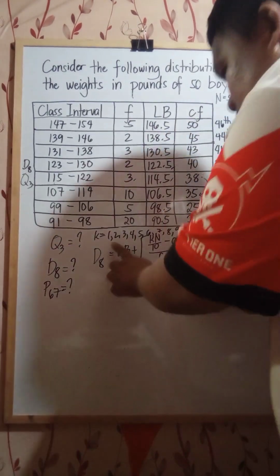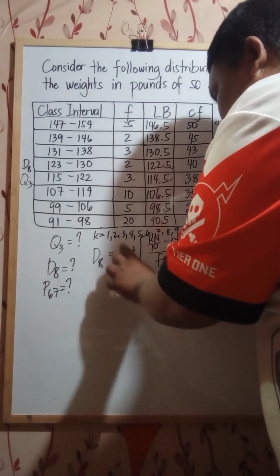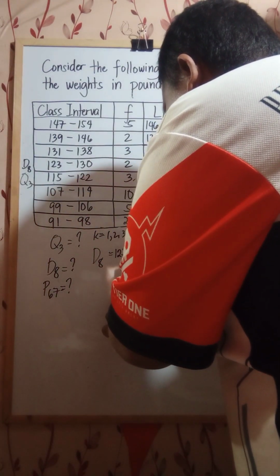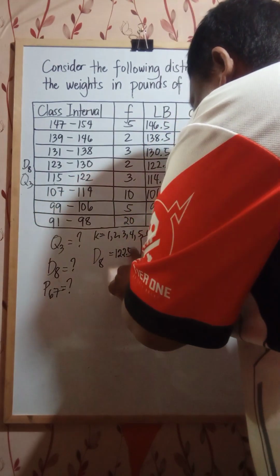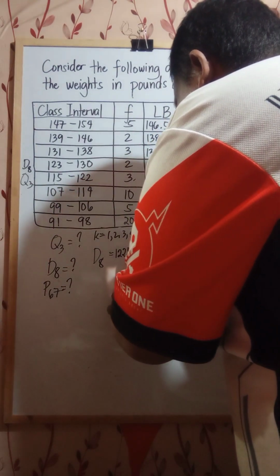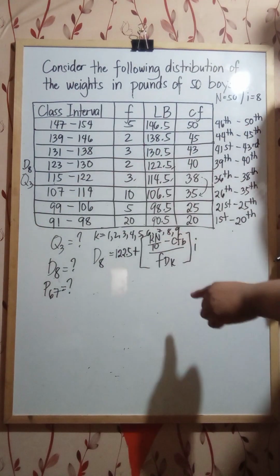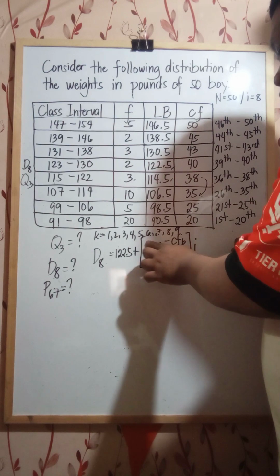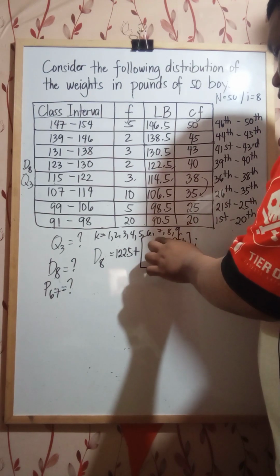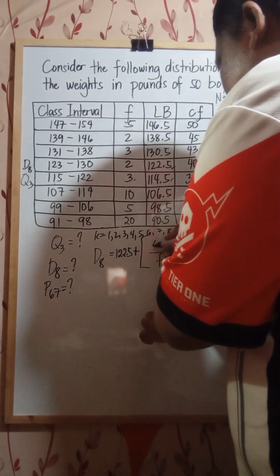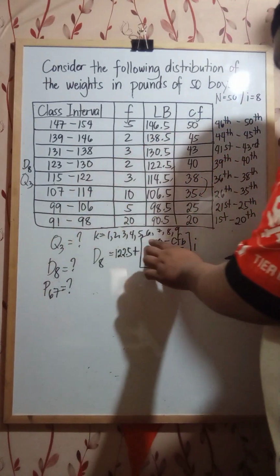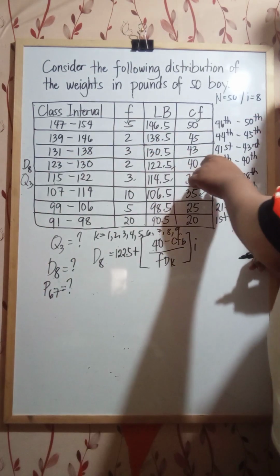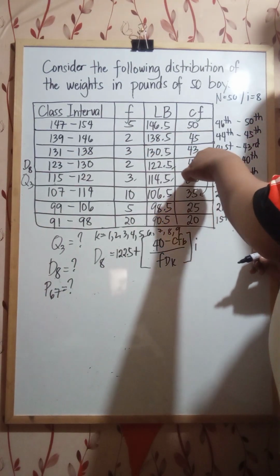So, LB is 122.5. Plus, let's have Kn over 10, which is 40. Minus the CF sub B: the cumulative frequency of D sub 8 is 40, and before 40, that is 38.